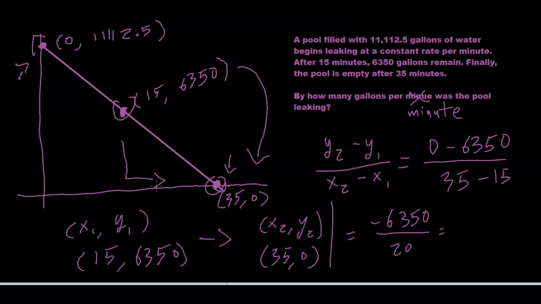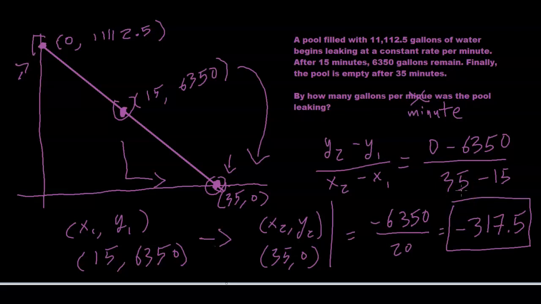Well, time changed by 20 minutes, right? So our change in x should be 20. Now let's just calculate negative 6,350 divided by 20, and we get our answer to be negative 317.5. All right, so negative 317.5 is the slope of this line.